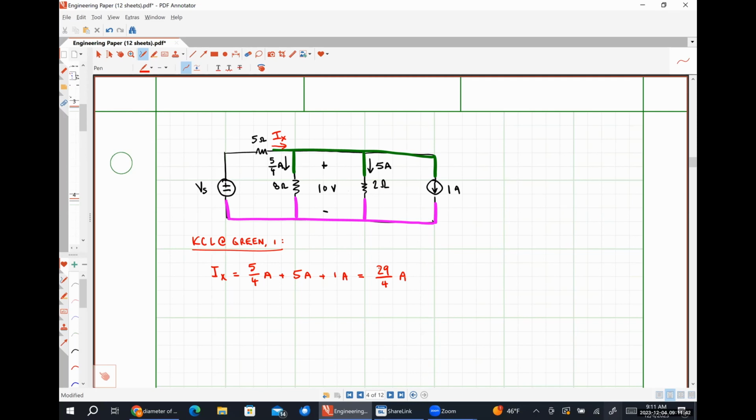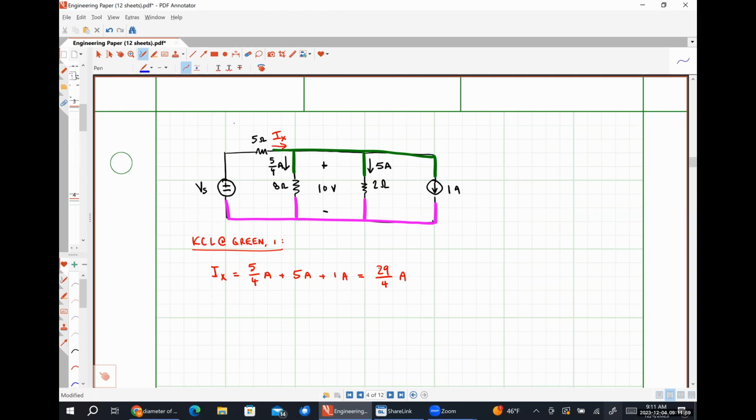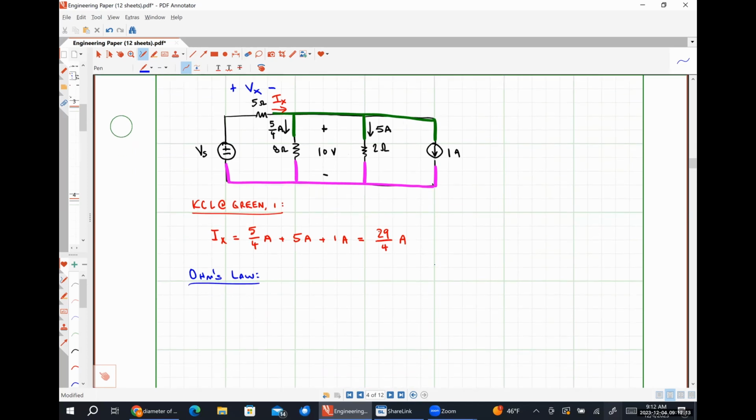All right. So if that current Ix is equal to 29/4 of an amp, and it's flowing through a 5 ohm resistor, what can I figure out now? The voltage drop across the 5 ohm resistor. Let's call that voltage Vx. So Molly, what is Vx going to be equal to?